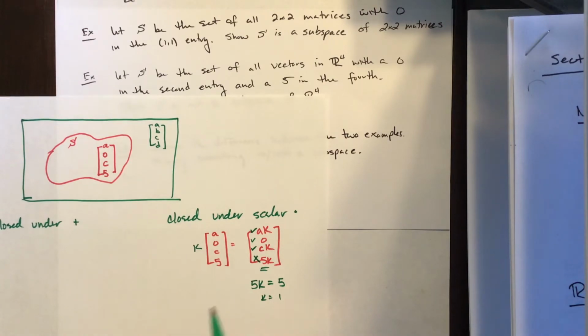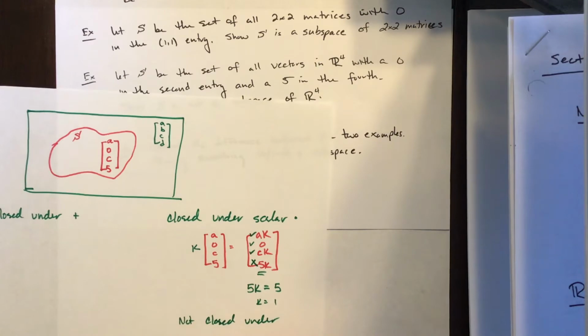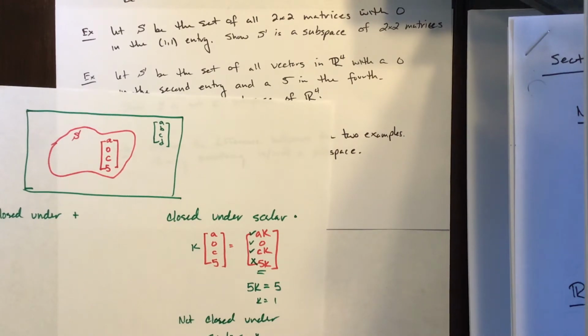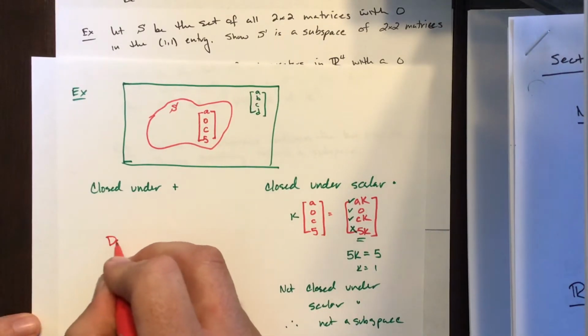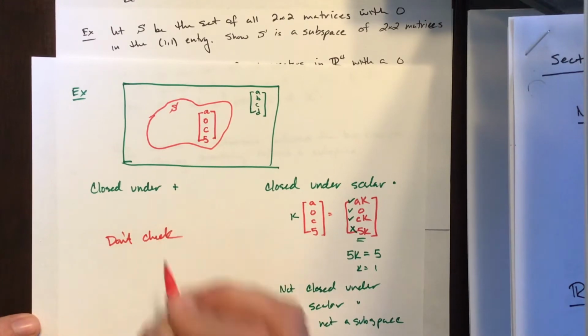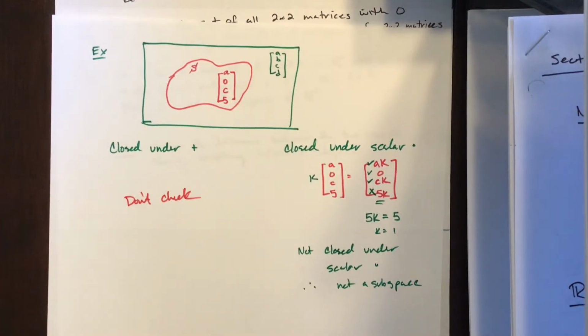So therefore, this is not closed under scalar multiplication. If it's not closed under scalar multiplication, then it's not a subspace. We don't need to check whether it's closed under addition, because it's not closed under scalar multiplication, therefore it's not a subspace.